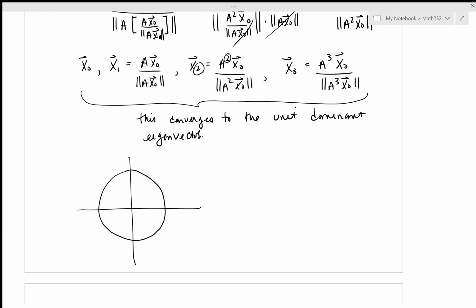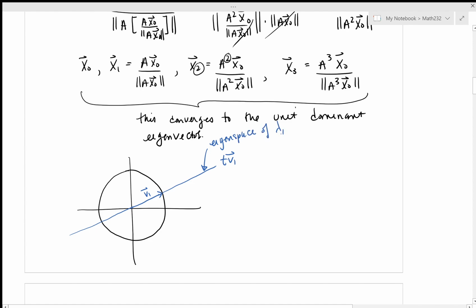It has 2 eigenvalues, and so we have the eigenspace of each one of those. For the sake of argument, say the eigenvector for lambda 1 is right here. I'm going to call that v1, and this line right through here, the span of v1, is the eigenspace of lambda 1.